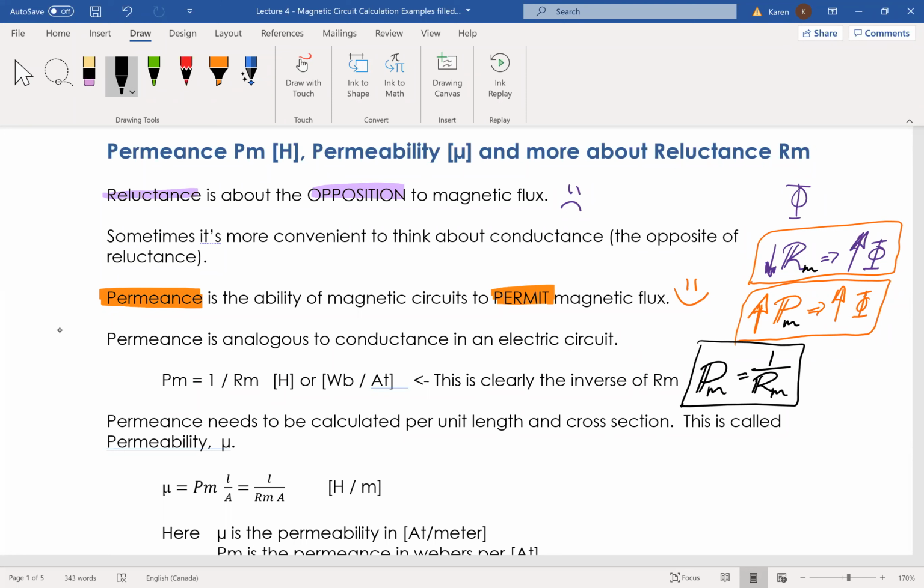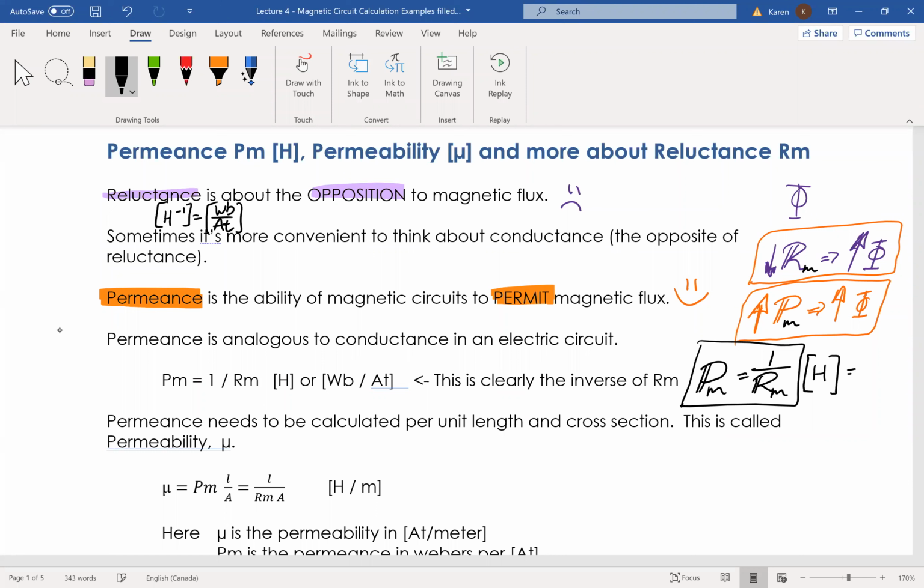Do we need permeance? No, because we have reluctance. We can always use reluctance, can't we? This would be Henry, because reluctance is Henry inverted, which is equal to Weber per amp. I like to put turns in there.